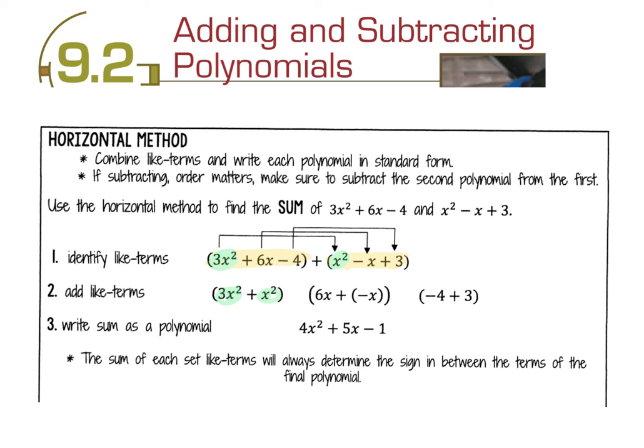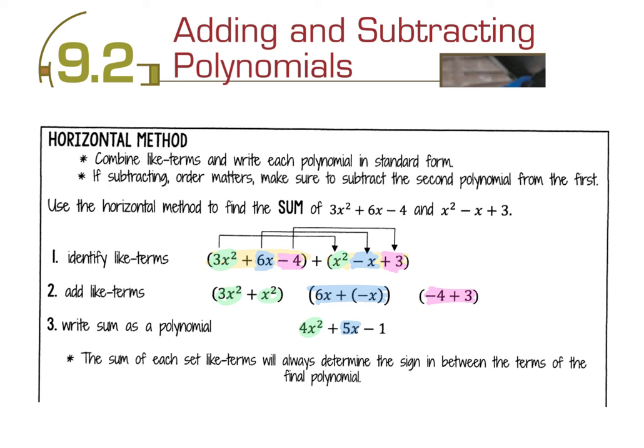Well, 3x squared and x squared give me 4x squared. And then I go to my next like term, 6x and -1x. And I add those, 6x and -1x gives me 5x. And then I go to my next one, -4 and +3.